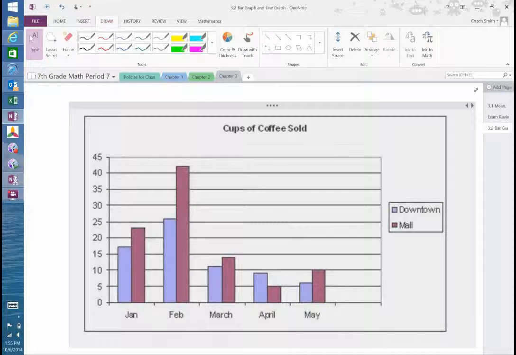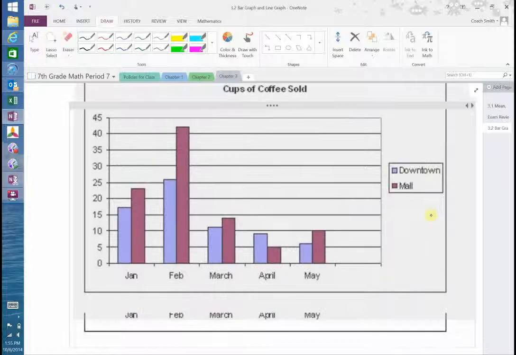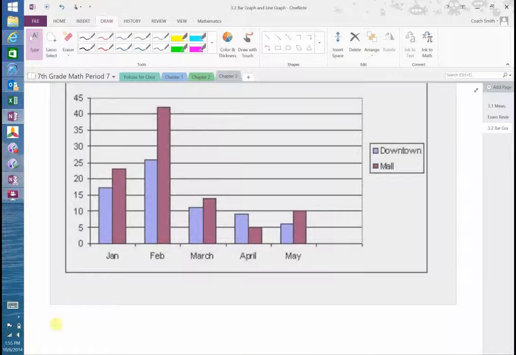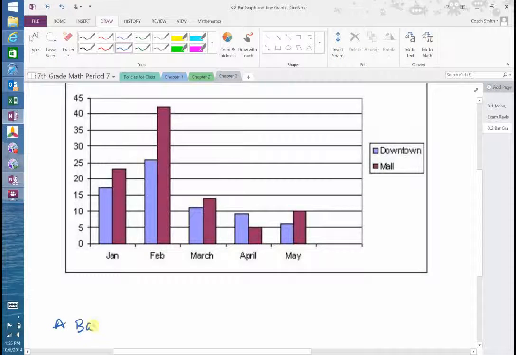A bar graph is a visual way to represent data.